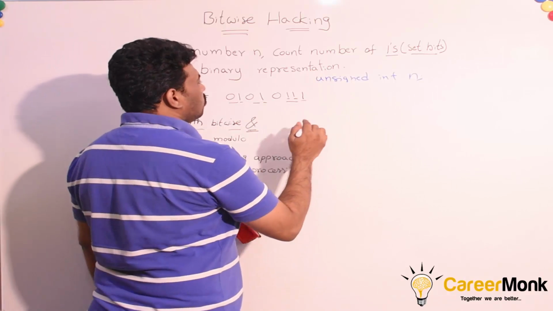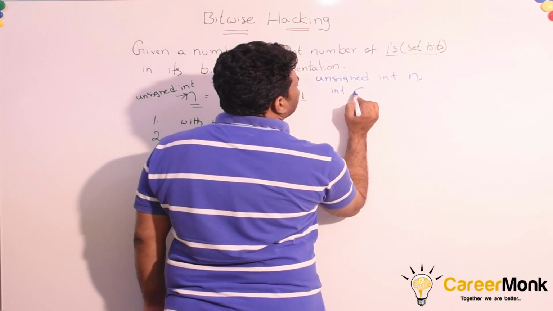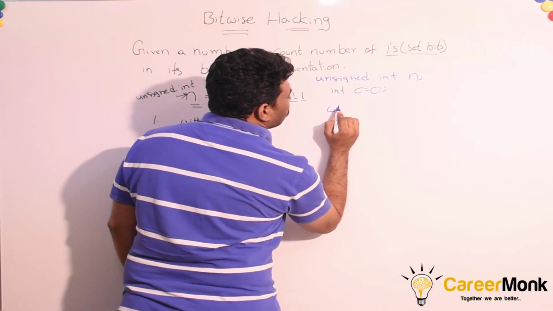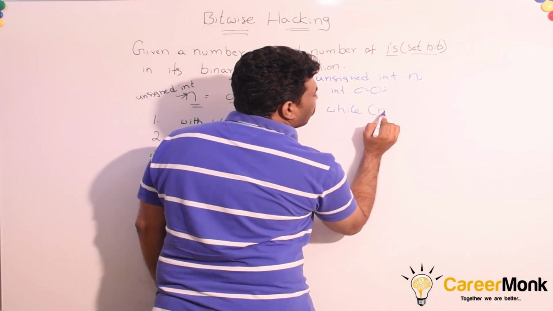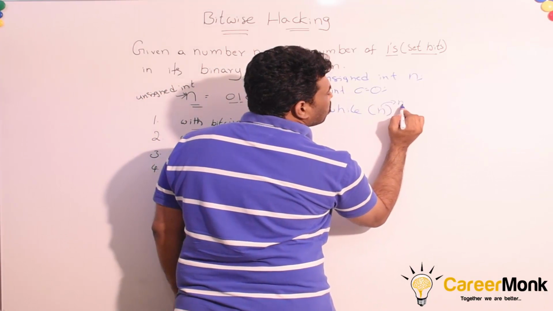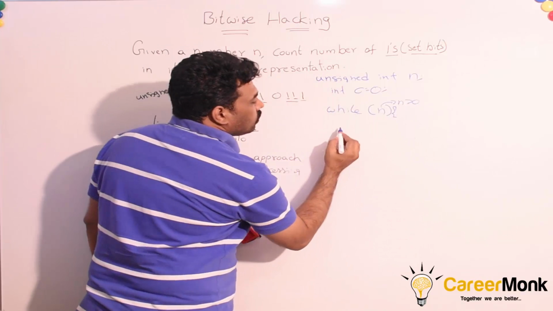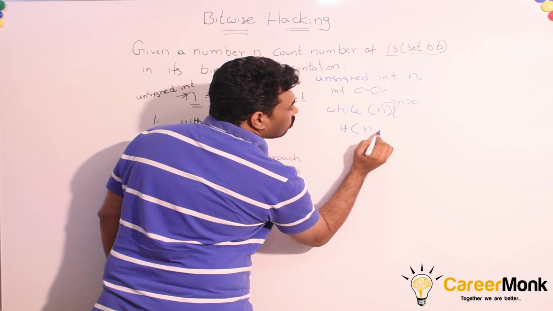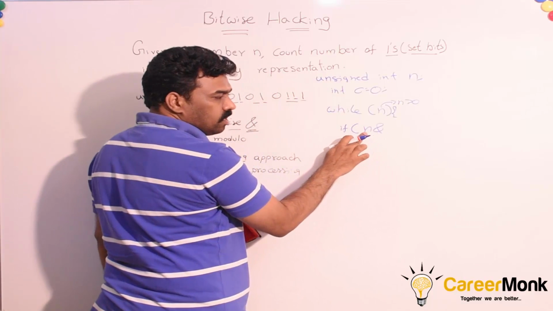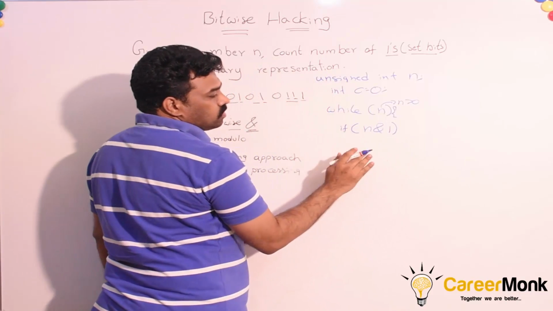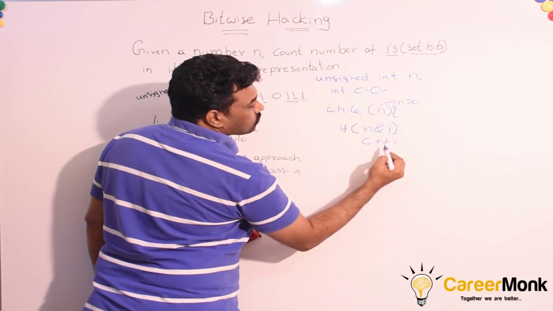And another counter C initialized with 0. While n is greater than 0, in each iteration, if the bitwise AND between n and 1 is 1, we increment the counter.